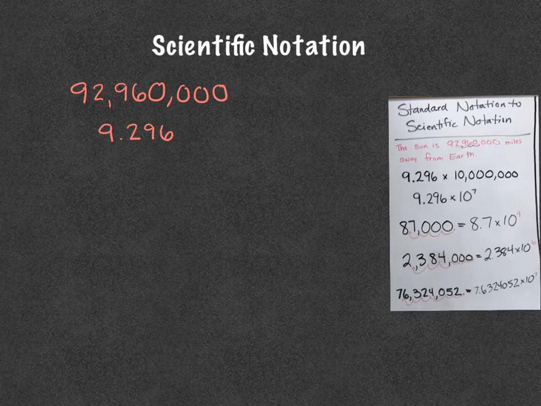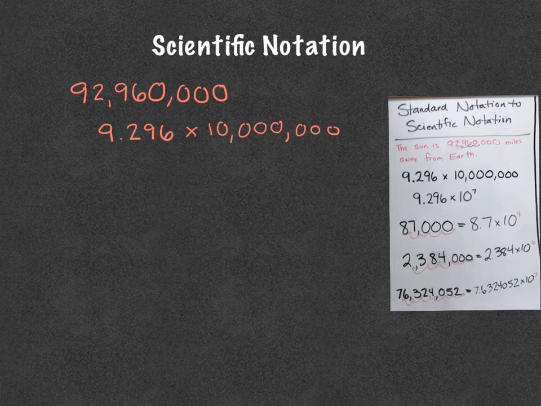So our question then is, how many times am I multiplying this? If we were to think about this, we're actually multiplying this decimal number times 10 million, right? And even if we use our estimating skill, the 9 is technically in the 10,000ths place, right? So we're multiplying this by 10,000.